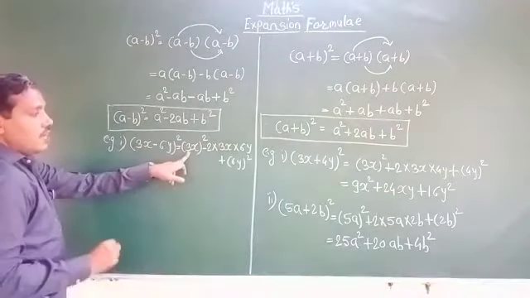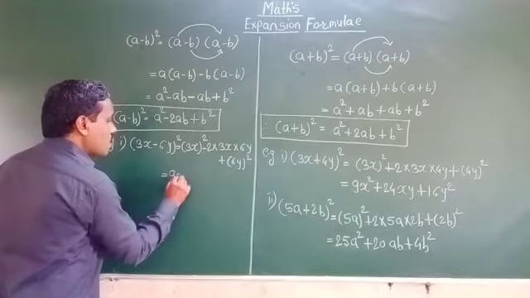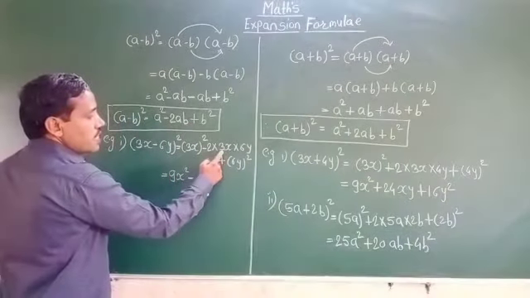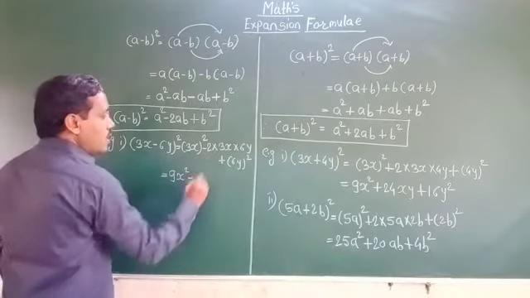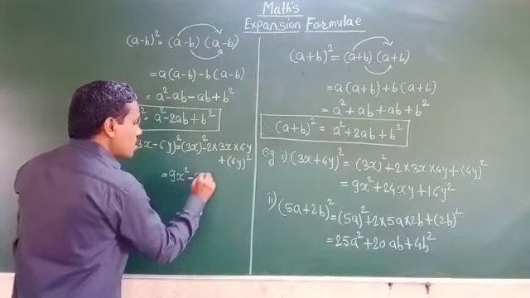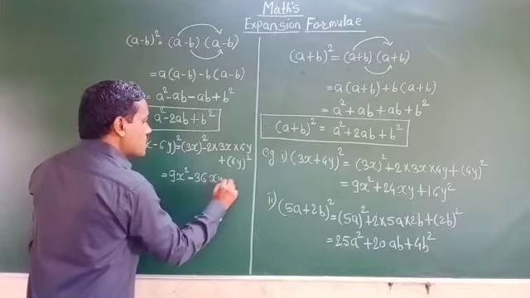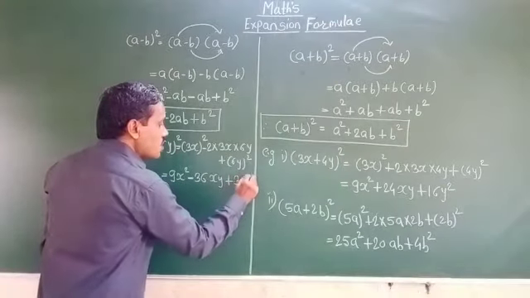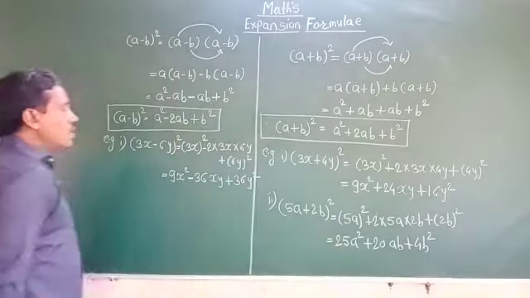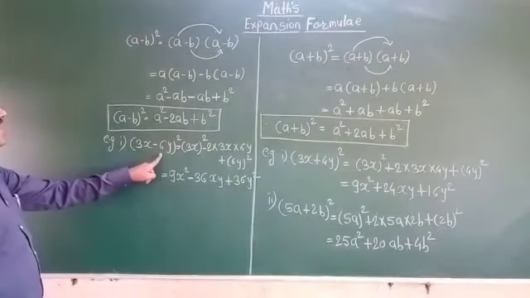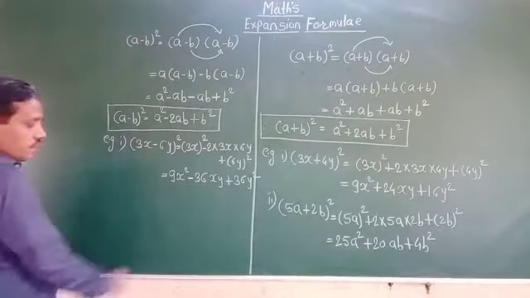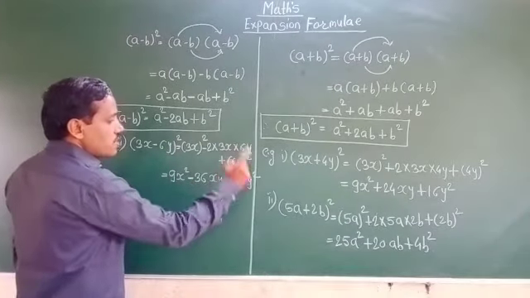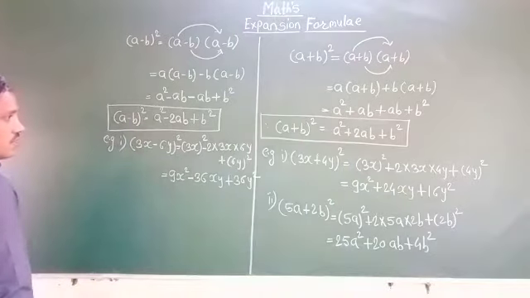The square of 3 is 9, so 9x square, minus 6 3s are 18, 18 2s are 36, xy, plus the square of 6 is 36y square. The expansion of (3x minus 6y) whole square is 9x square minus 36xy plus 36y square.